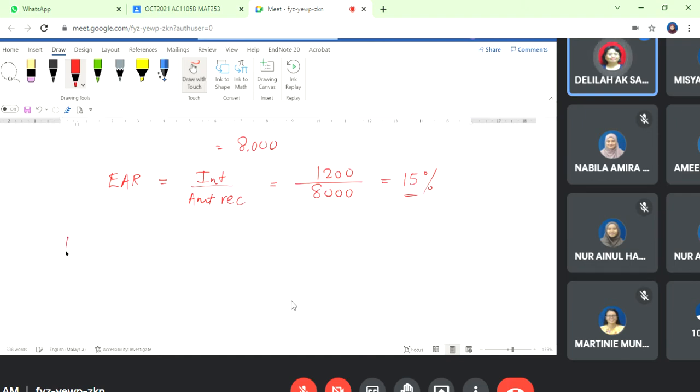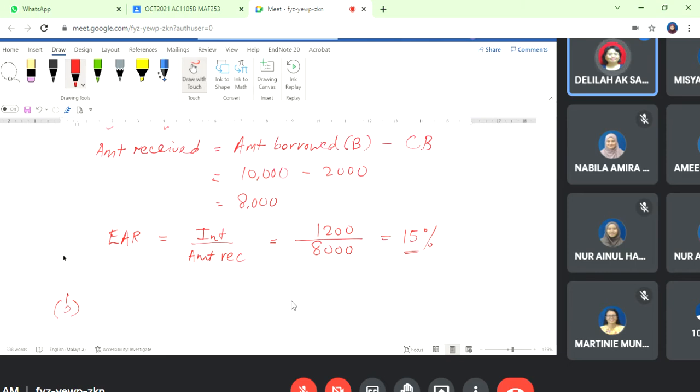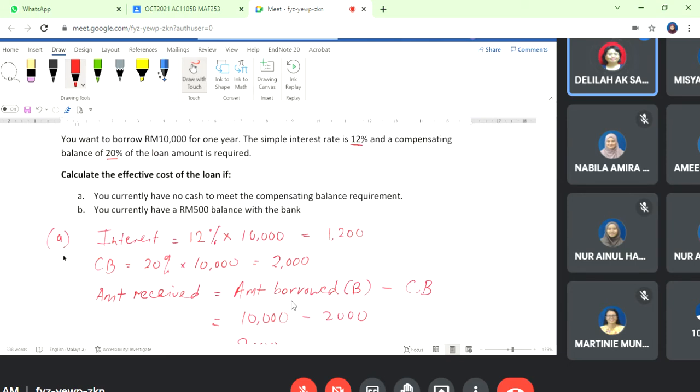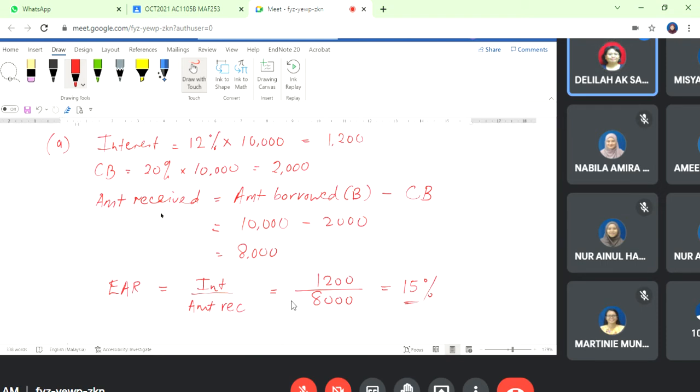Situation number 2. If you look at your slide, you still have a simple interest loan and a compensating balance requirement, except now you have 500 ringgit with this bank. Sekarang ni you ada 500 ringgit dengan bank.